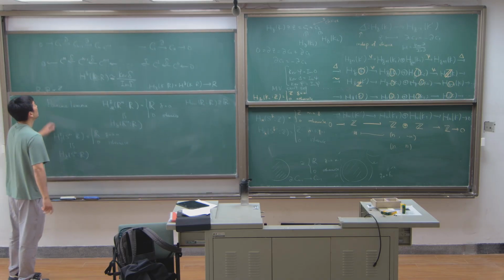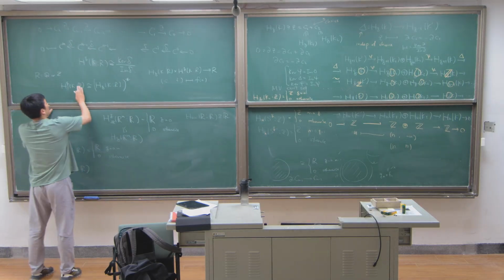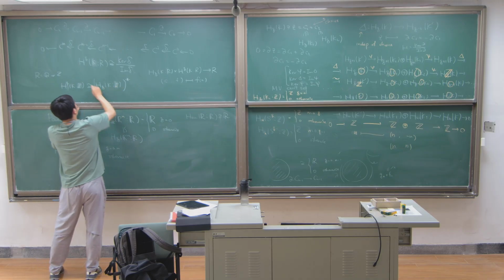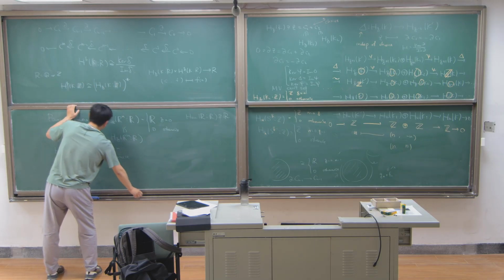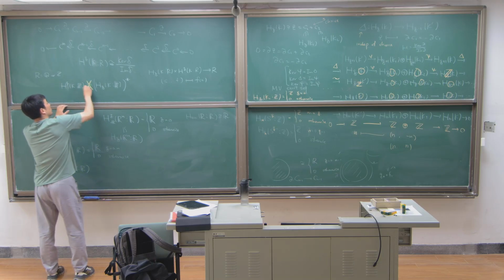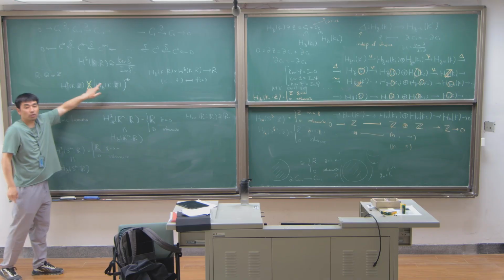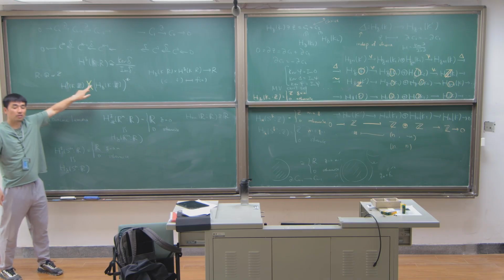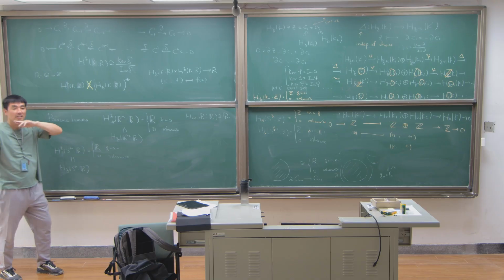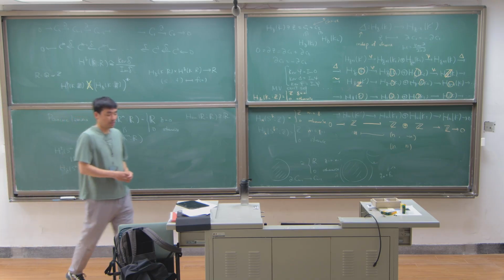However, in general, this is not true. If you use Z coefficients, this is not true, because it's not a field. Do you know field and ring, right? Do you understand field and ring? In a field you have an inverse.